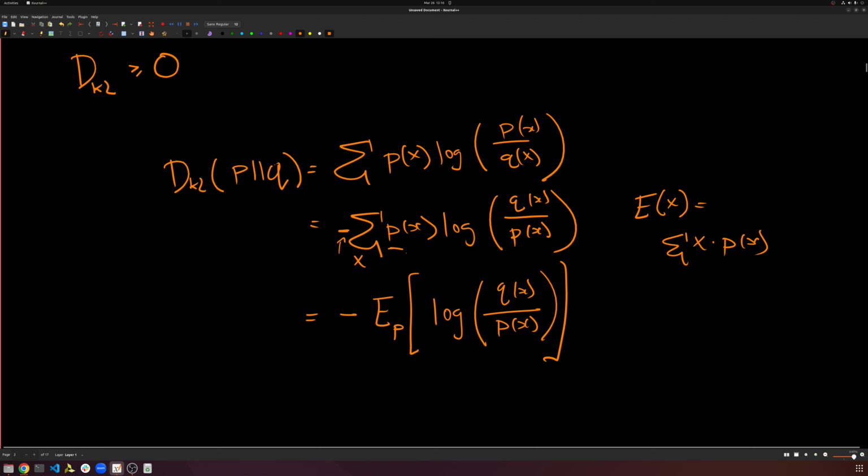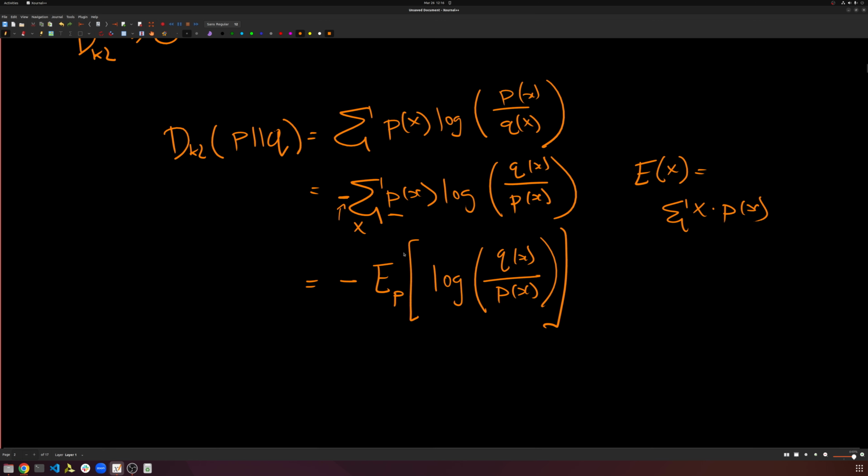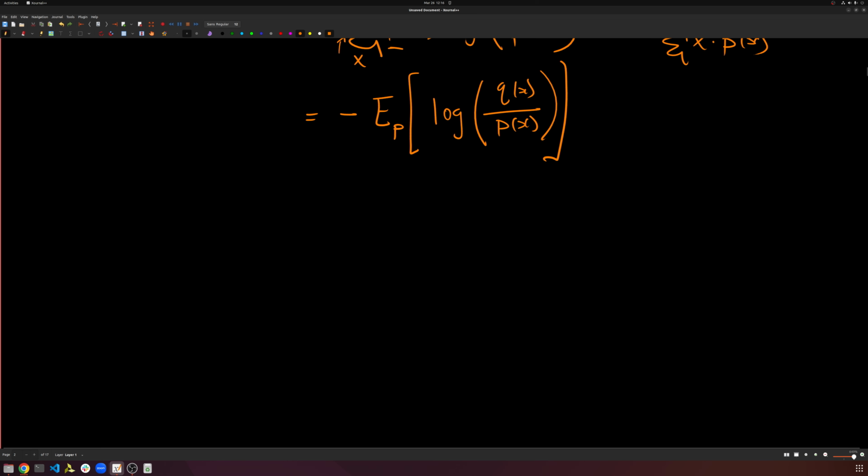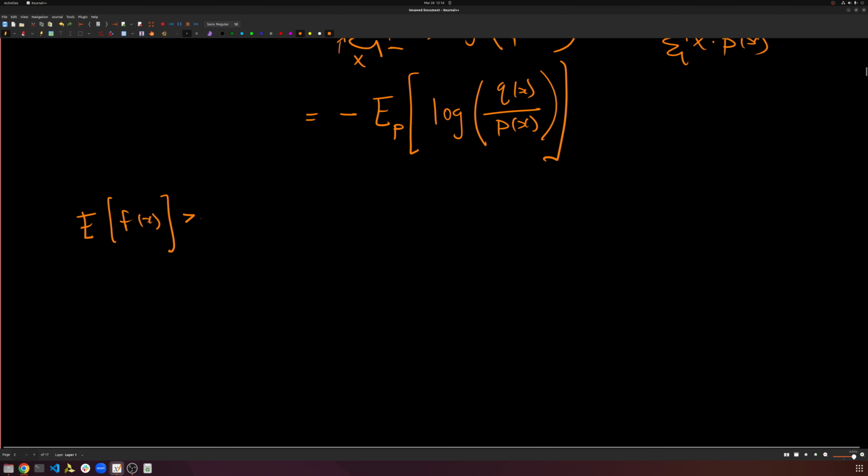Now that we have this, let's remind ourselves, if you've never heard of Jensen's inequality before, it's a really cool property, but basically the expected value of f of x is greater than or equal to f of the expected value of x.